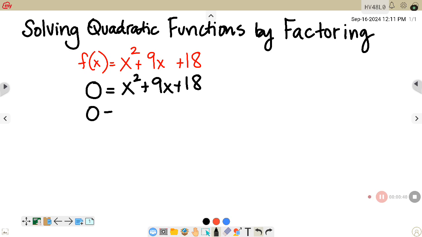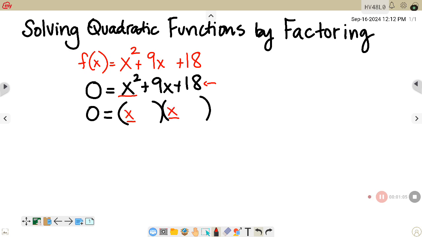So 0 equals. When I am factoring, what I am trying to do is see what was multiplied together to get this trinomial. So think about when you're foiling, the first thing you're going to have is this term times this term. We need those terms to multiply to equal x squared.